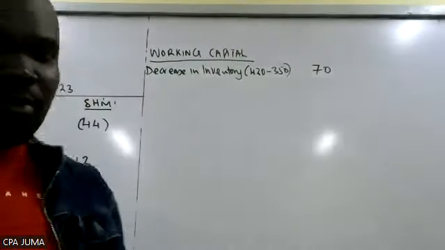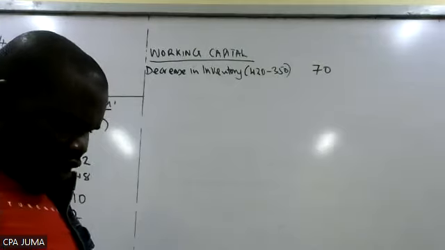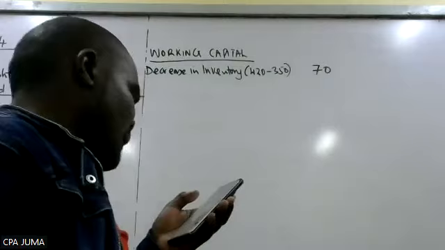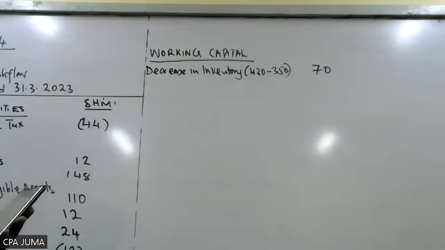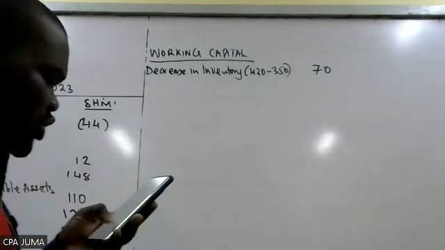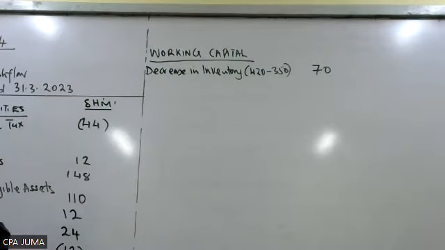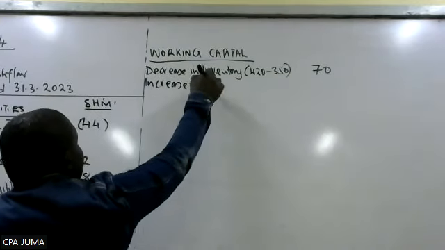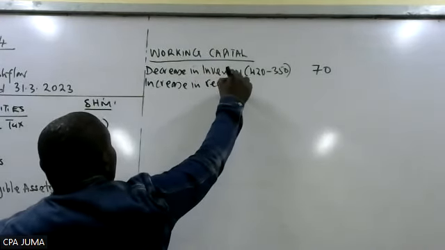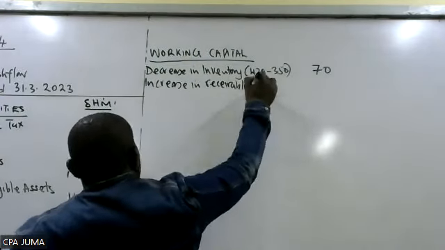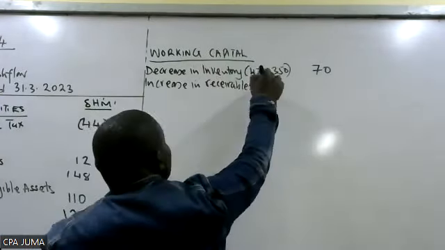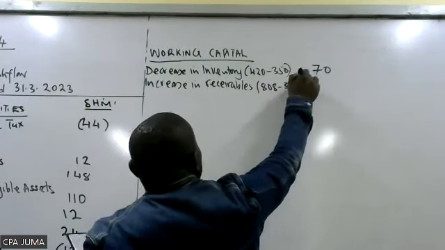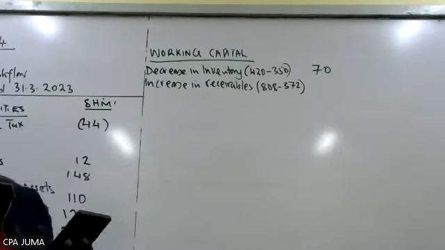Let's go to receivables. Receivables at the start was 372. It went to 808. That is an increase. So increase in receivables is 808 minus 372.